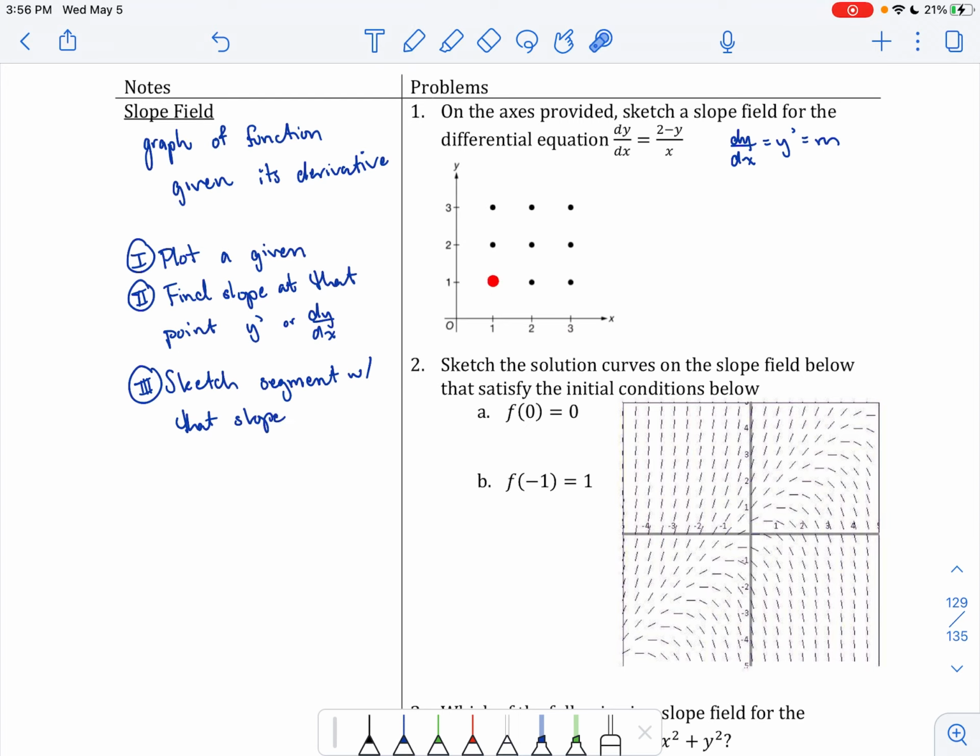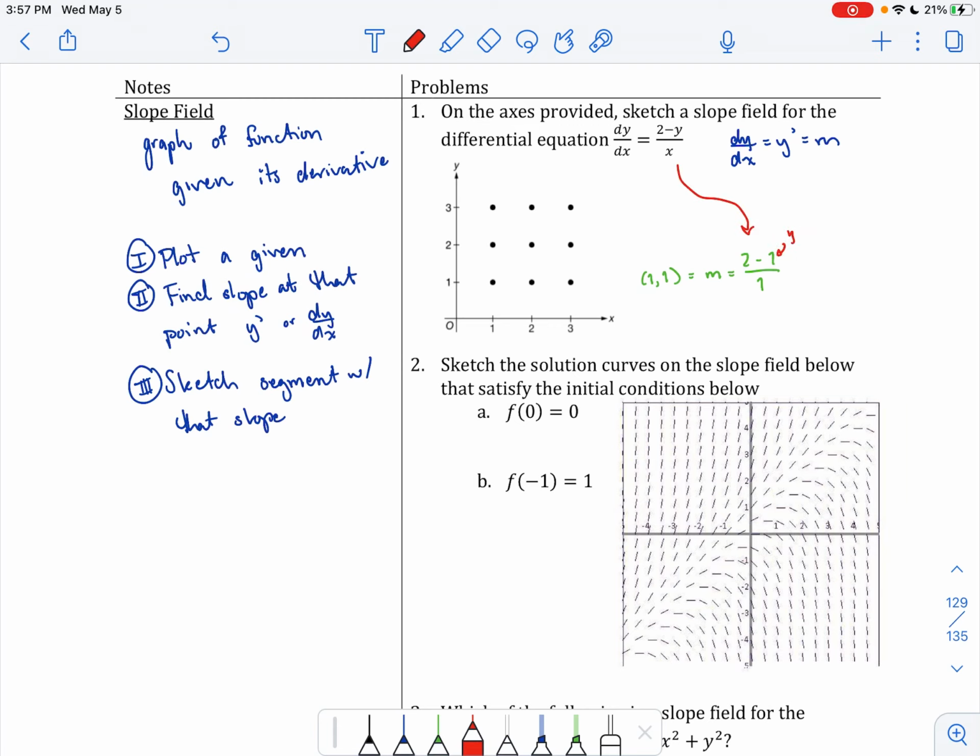So for example, let's look at this first point here. This would be the point 1, 1. So using our formula, if x equals 1 and y equals 1, so at 1, 1, the slope is 2 minus y over x, which is 1.